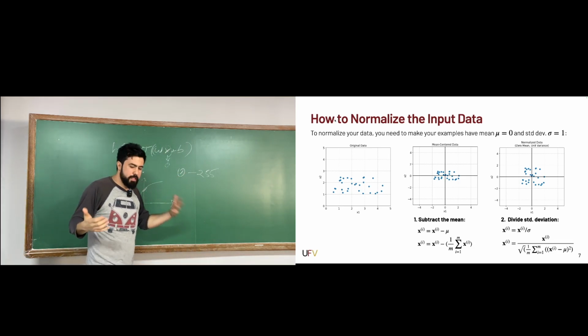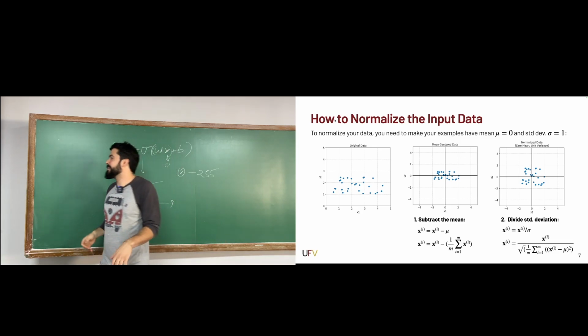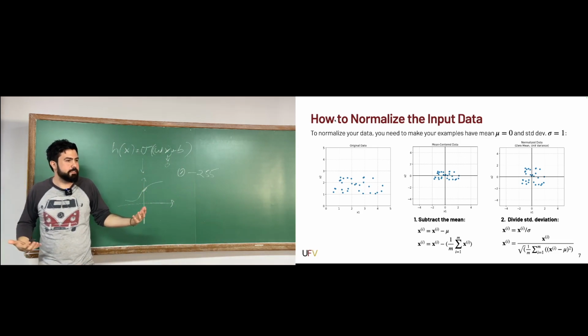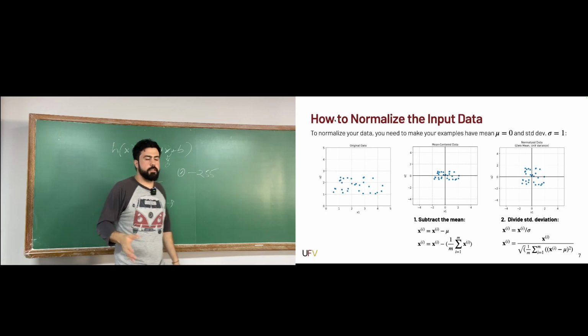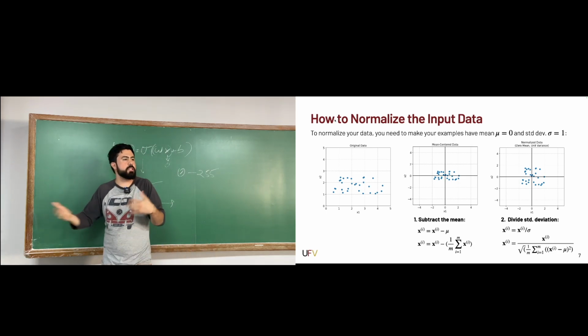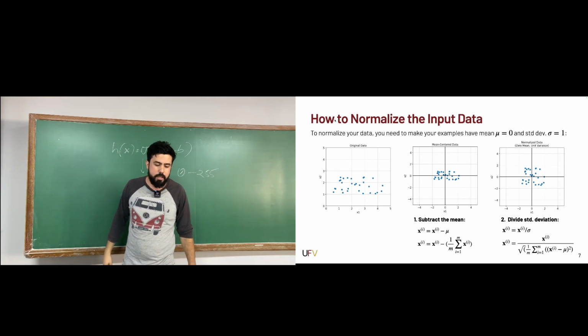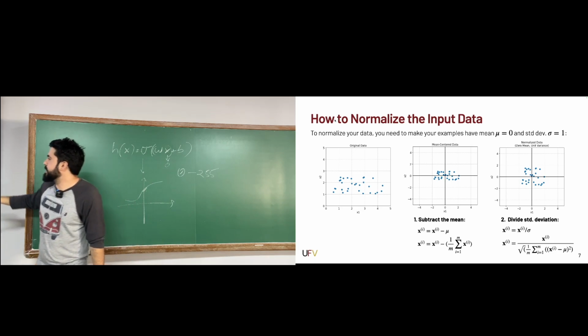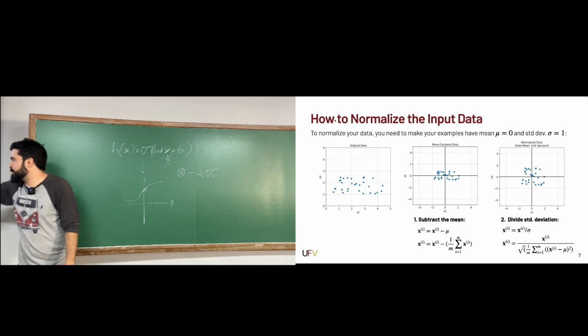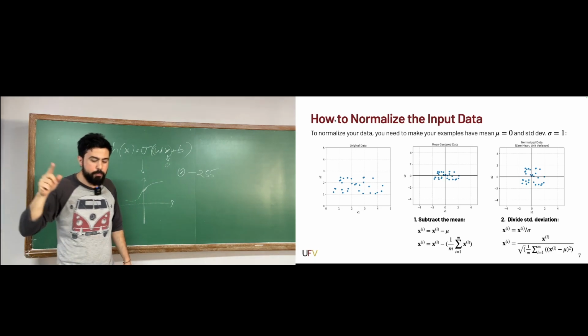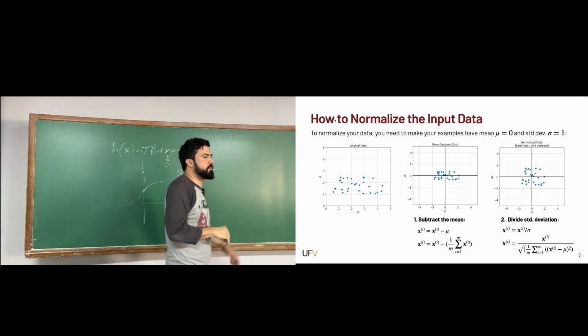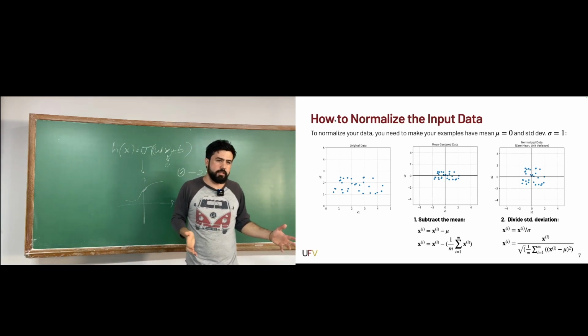So the variance is the mean squared error with respect to the mean. And then you take the square root because you want to be on the same scale as the data. If you want to read the formula as xi divided by sigma, that's easier. Sigma is the standard deviation.